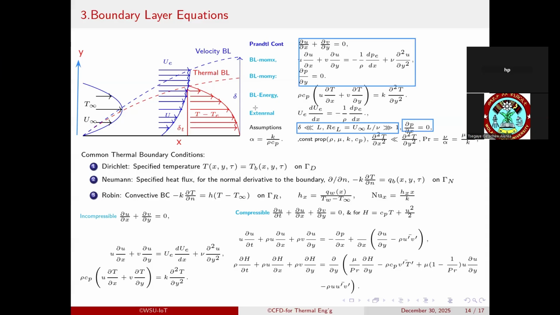Dynamic viscosity mu times partial square u by partial x square is neglected. Marching scalars, same.